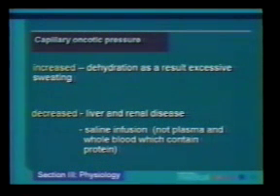So they will tend to promote a fluid shift from the interstitium into the vascular compartment. If we look at situations in which capillary oncotic pressure increases, there's really only one situation they will test on Step 1, and that is a simple dehydration, probably due to excessive sweating.